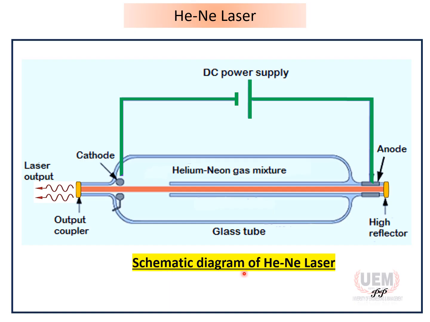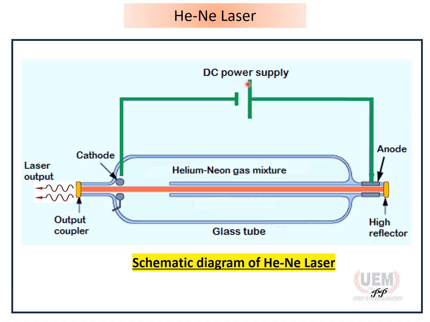So this is the schematic diagram of helium neon laser. A helium neon laser consists of three essential components needed for lasing action. Number one, the pumping source, that is the high voltage power supply.